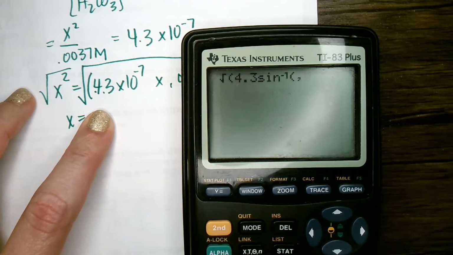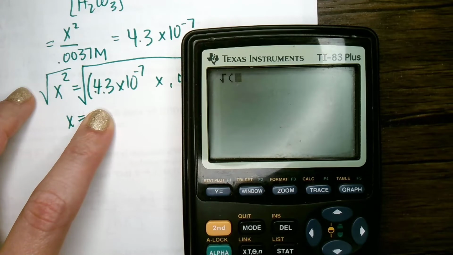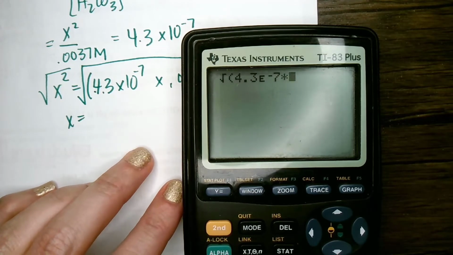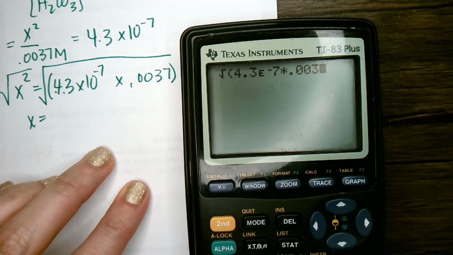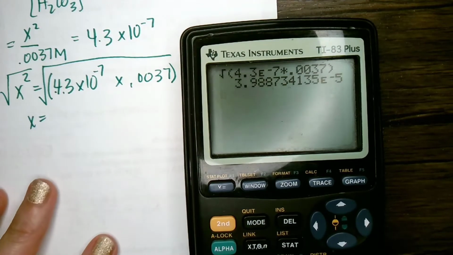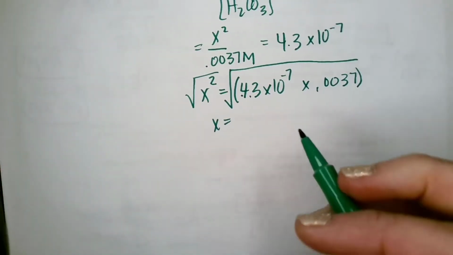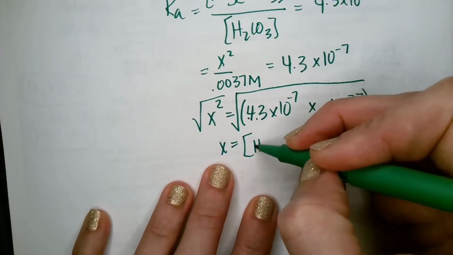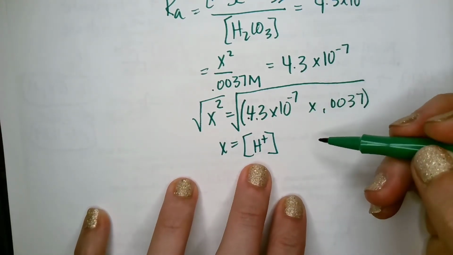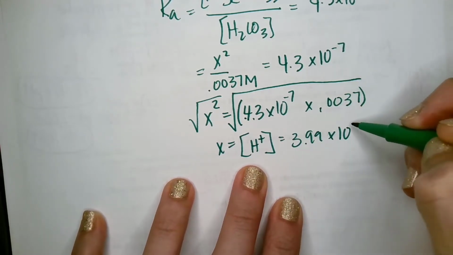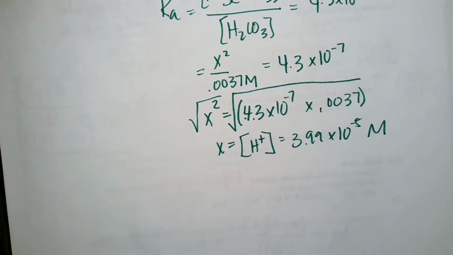Let's do the square root of 4.3 times 10 to the negative 7 times 0.0037. You should get 3.99 times 10 to the negative 5th. So x, which is equal to the concentration of H plus, is equal to 3.99 times 10 to the negative 5th molar.